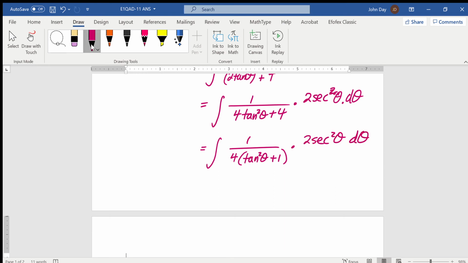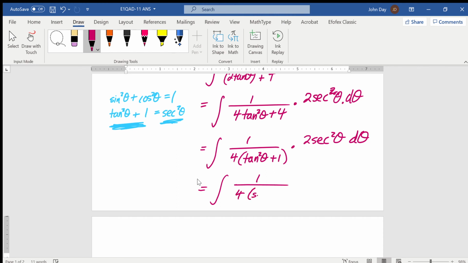But I'll just go on the side here and work that through for you. We know that sine squared theta plus cos squared theta equals 1. Everyone should know that. And if we divide by cos squared theta, we get tan squared theta plus 1 equals sec squared theta. So that's what I'm going to do. Wherever I see a tan squared theta plus 1, I'm going to pop a sec squared theta in there. So this is equal to the integral of 1 on 4 times sec squared theta times 2 sec squared theta d theta.